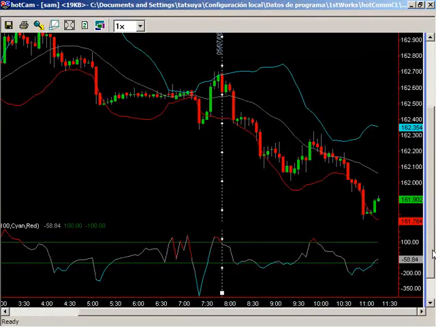Now, remember, this is the type of strategy that is attempting to catch reversals. In other words, getting into the trend before a new trend is underway.